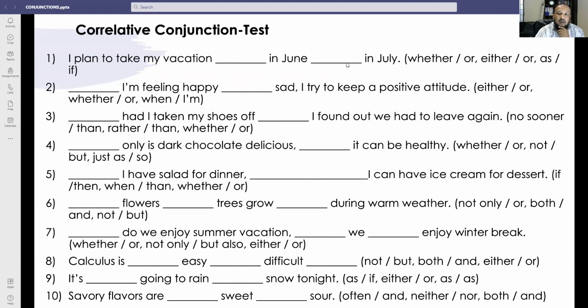Whether in June or in July, or in June or in July. So depend upon your understanding. So you may see this and apply for this test, and you are welcome for that.